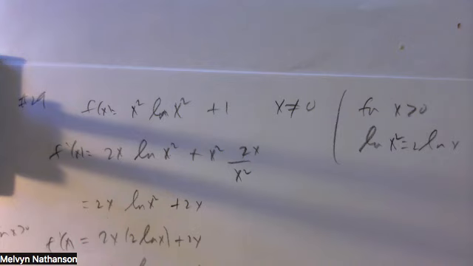And if this is equal to 0, 2x is positive, so 2 log x plus 1 equals 0. So log x equals minus a half. So x is e to the minus a half, or 1 over the square root of e. For x positive, this is where the derivative is 0.